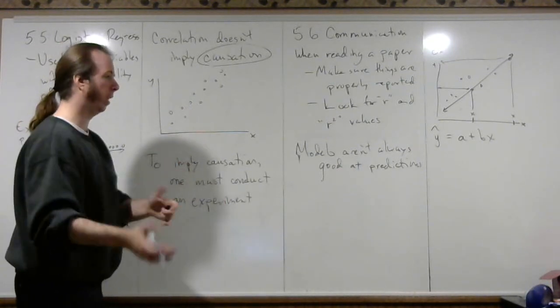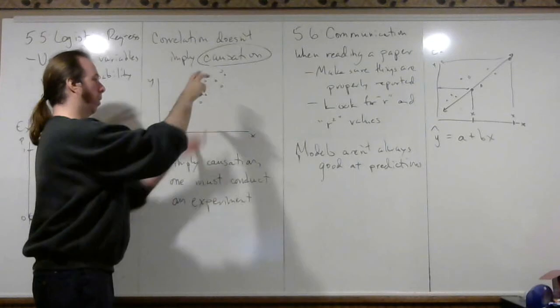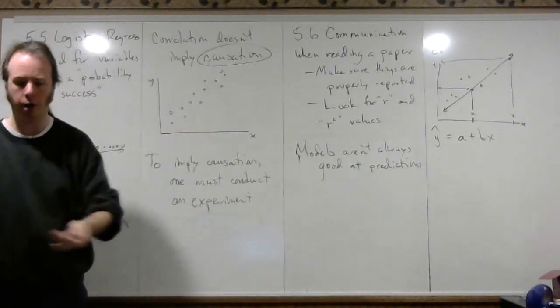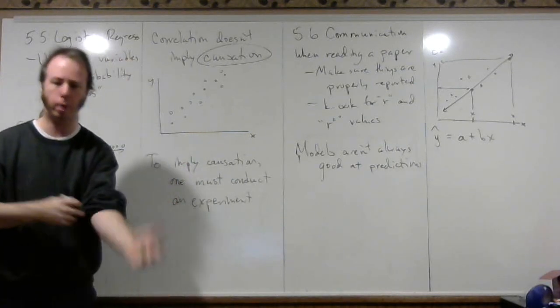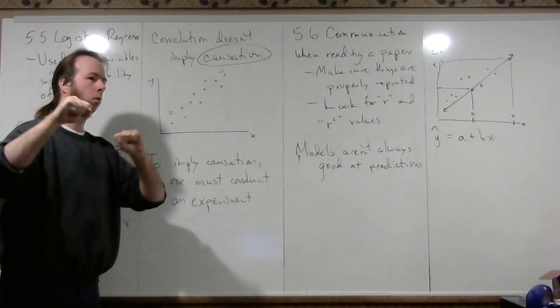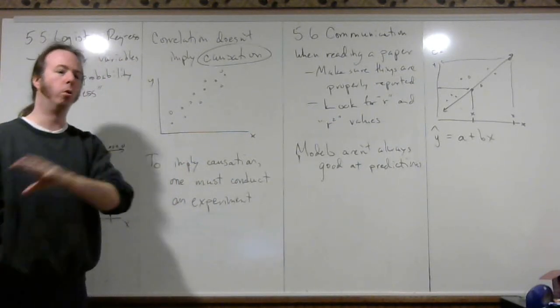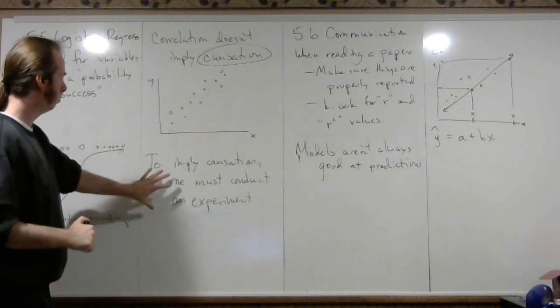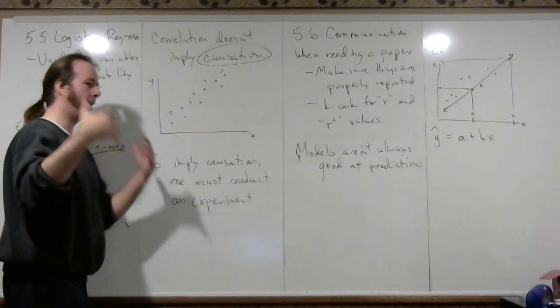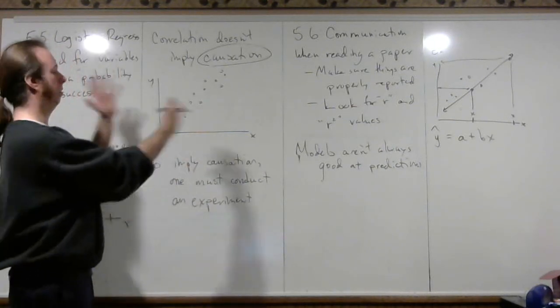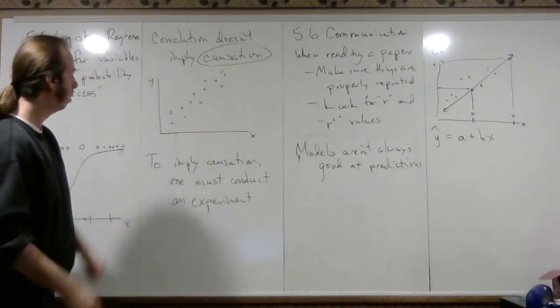So with an observational study, there may be some third variable that's affecting both your x and your y. With a designed experiment, it's generally accepted that those third variables are being controlled or they're fixed so that they're not having as much of an effect on anything else.